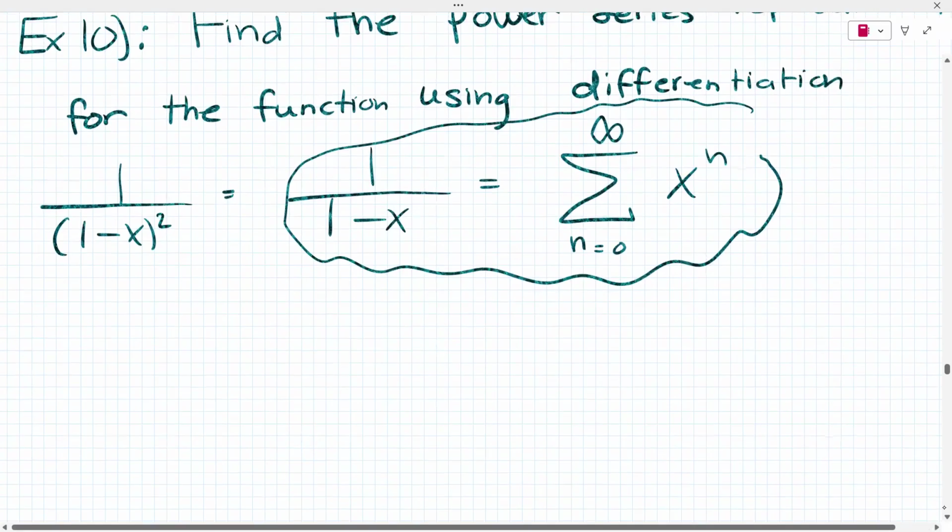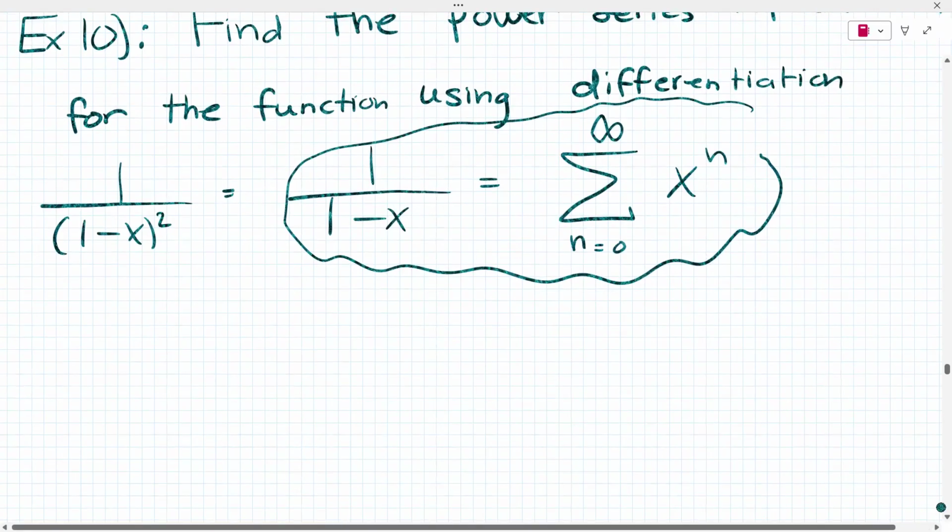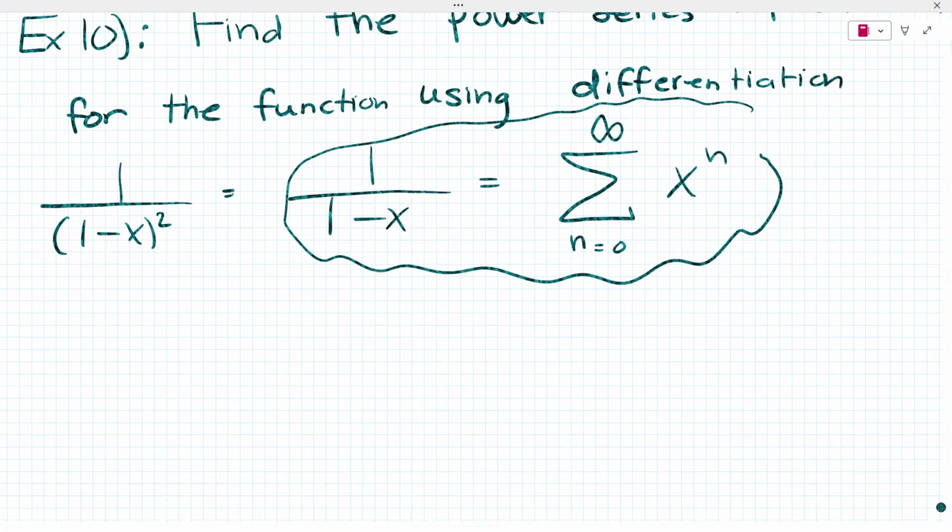Because we have powers. So I'm going to rewrite 1 over 1 minus x as 1 minus x to the negative 1. And now the summation rule is still the same.